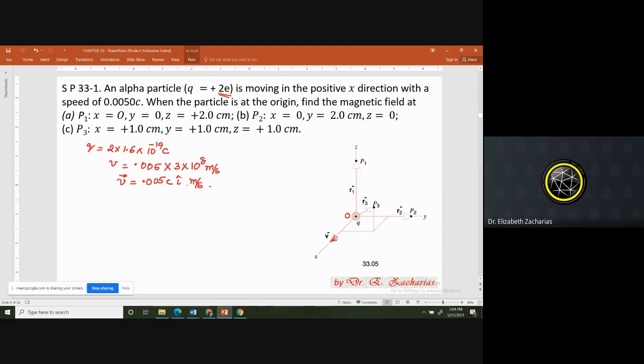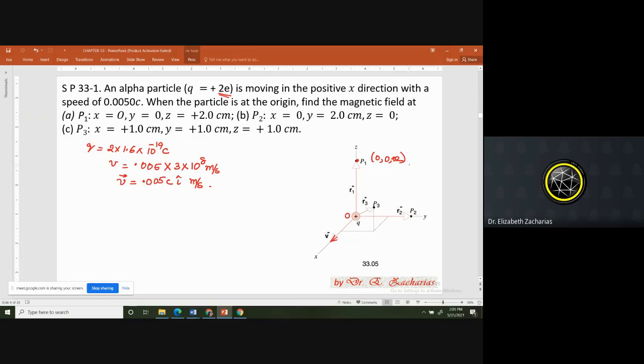Okay. Now, you're supposed to find out what is the magnetic field because of this charge at a point P1. This is my point P1. And where is my P1 located? My P1 is lying on the positive z-axis. And the coordinates of the point P1 are 0, 0, 2 centimeter or 0.02 meter.